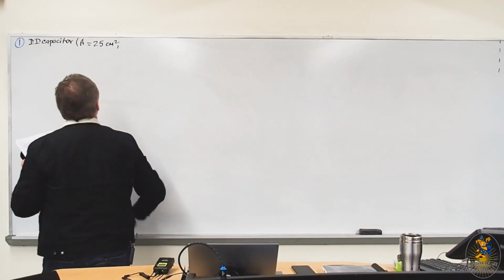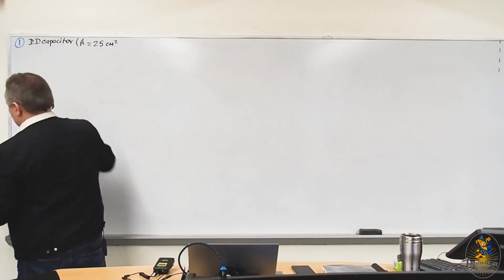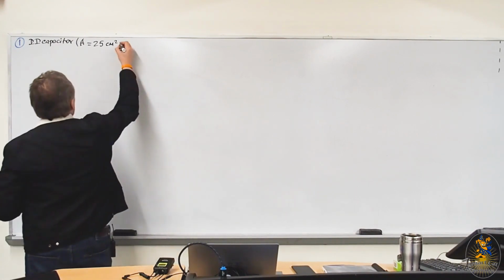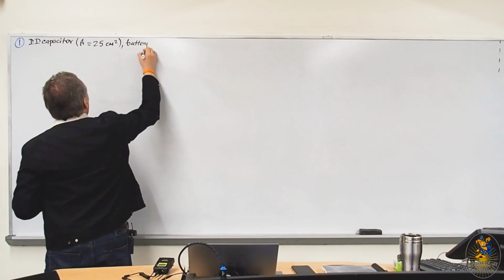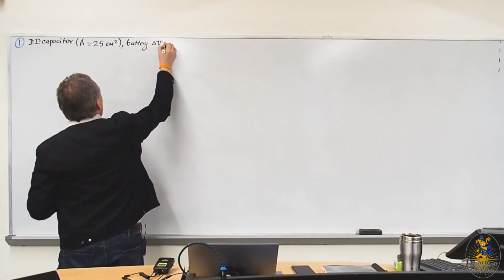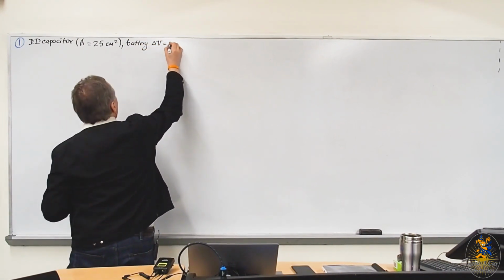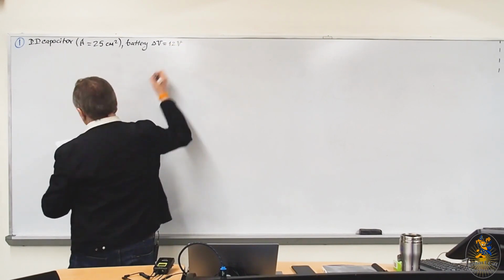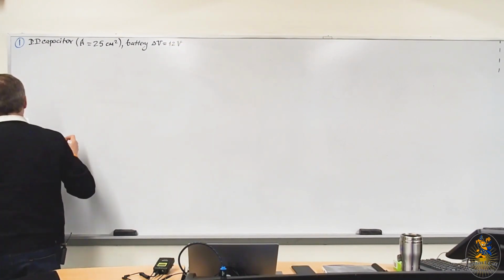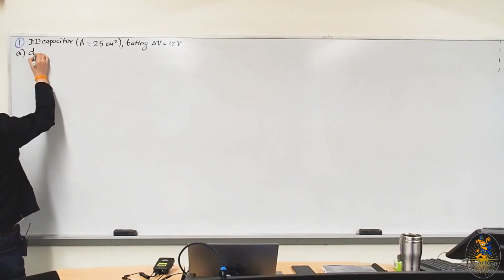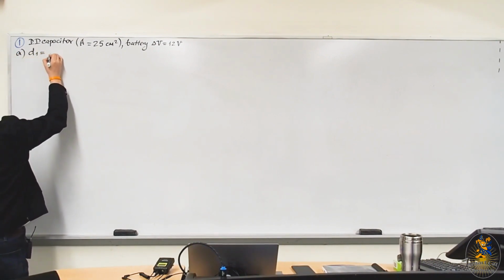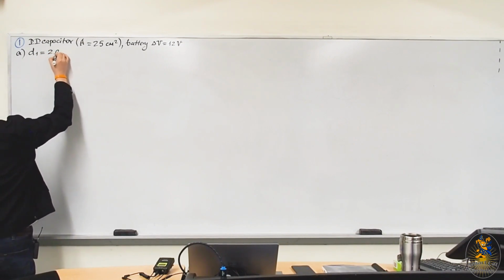The distance I will write when I write down part A and B. Then there is a battery, and the potential difference across the battery is 12 volts. Okay, and so now in part A, the spacing distance between the plates is, I don't remember, 2 millimeters.